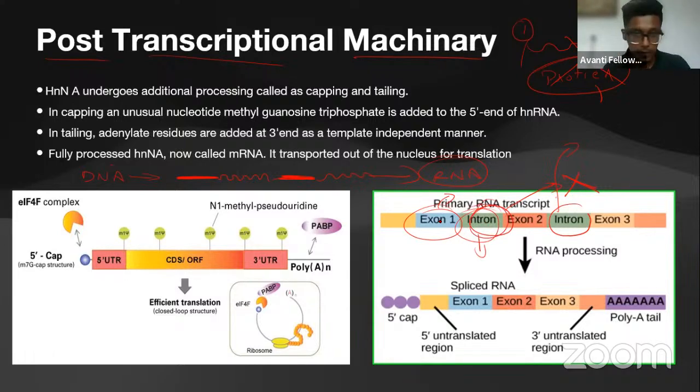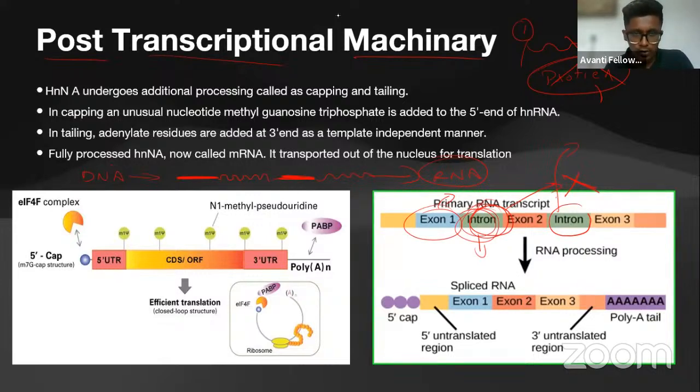That is what others will tell. Some others also argue that since gene expression is so complex and sensitive, we need to have control over the whole system. So to gain control, we need introns, so that we can delay the process from transcription to translation. So three reasons are given for why introns are present.